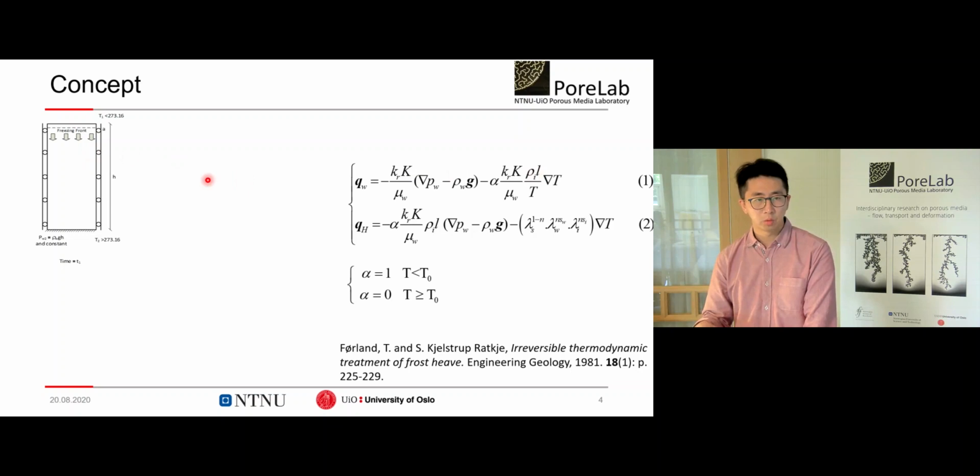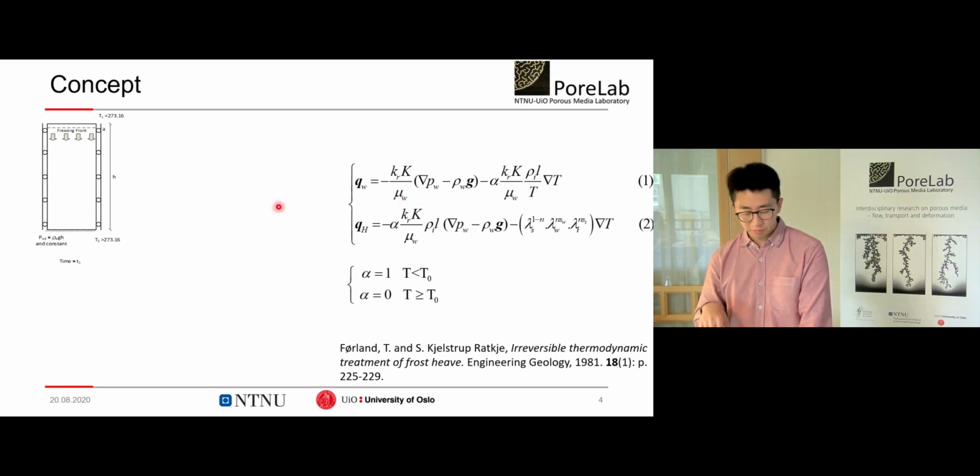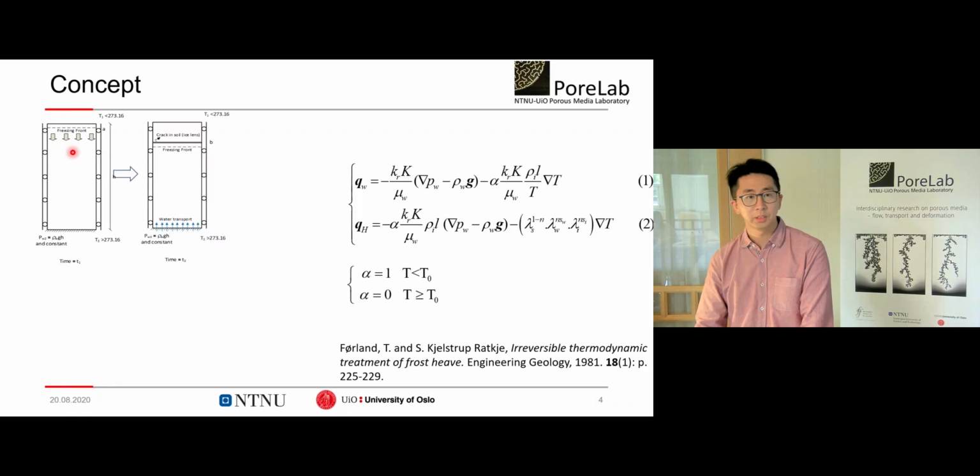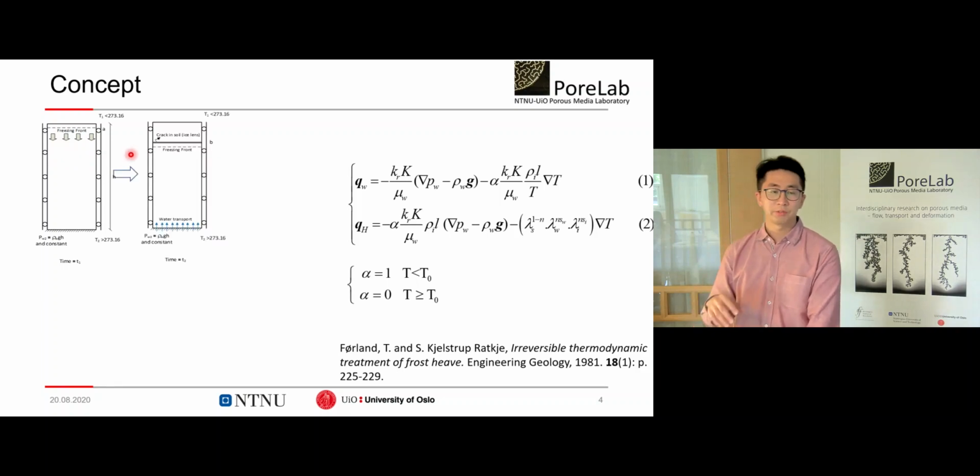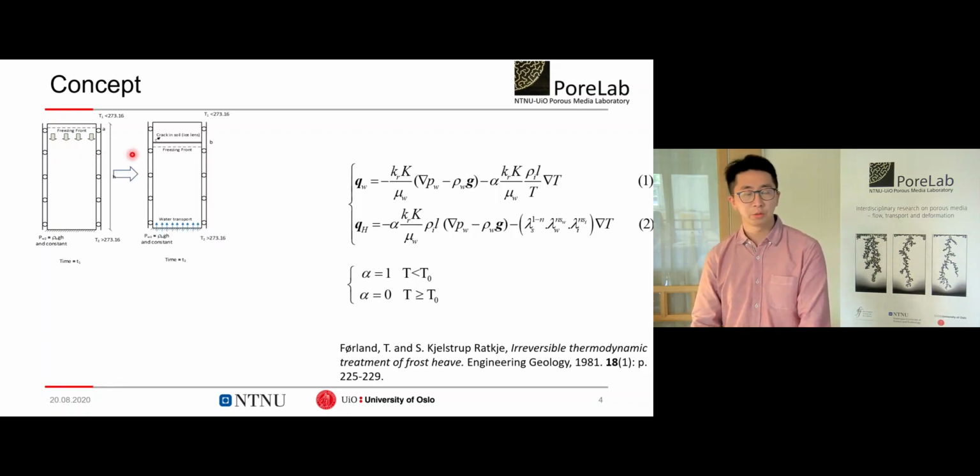And then pore water pressure will increase, as the first term showed, to cancel the water flux caused by temperature gradient. Then it will result in a decrease of effective stress in this part, and at some point the effective stress will be small enough to introduce a crack. From this point, water can freely migrate into this crack and the ice-lens starts growing.